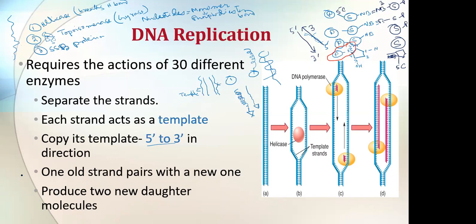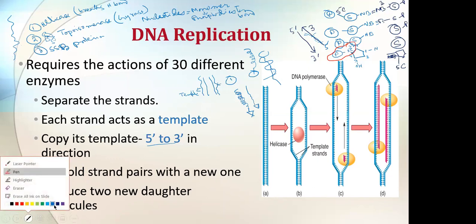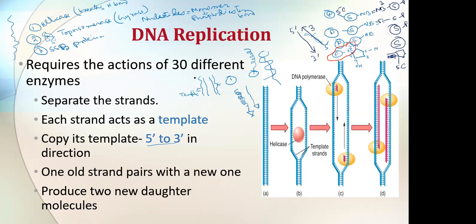I hope you understand. So when we are copying these two strands, this is the template one, and this is the complementary strand. Complementary means if this template strand goes from 5' to 3', then the complementary one must go from 3' to 5', right?